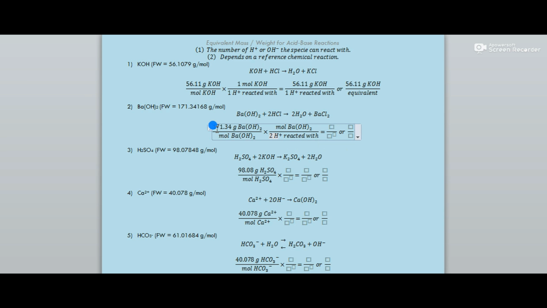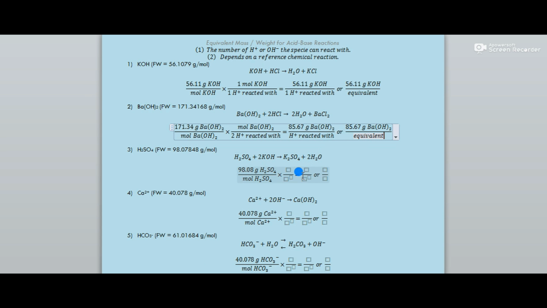You can find the equation for equivalent weight: it should be formula weight divided by Z, where Z is this number. So the equivalent weight for barium hydroxide is 85.67 grams per equivalent. So that is the equivalent weight or equivalent mass for barium hydroxide.